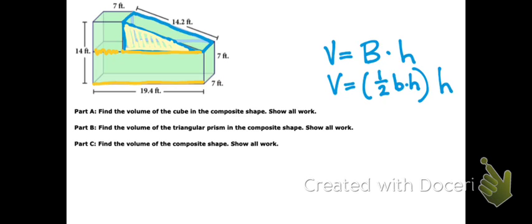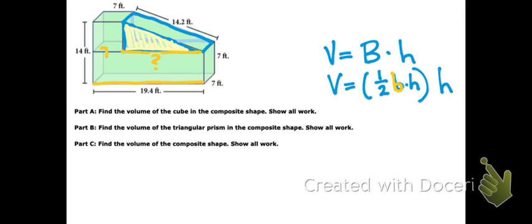Well, remember, for a cube, each of the side lengths is the same. So this length is 7, because it's a part of the cube. Each of these side lengths was the same. So if this is 7, and the whole length of the entire figure across the bottom is 19.4, what is the length of this base? So you need to calculate that and put that right here.